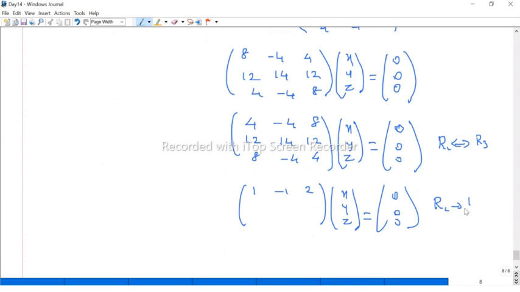So R1 is multiplied by 1 by 4. I keep the other rows as 12, 14, 12, and 8, minus 4, 4. Now we have to make this entry 0 and this entry 0. Therefore we multiply the first row by 12 and subtract.